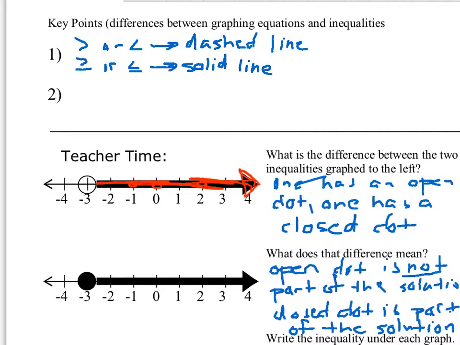What's the second thing that's different? And definitely much more noticeable when you look at the graph. Juan. Yeah, you shade in a side.